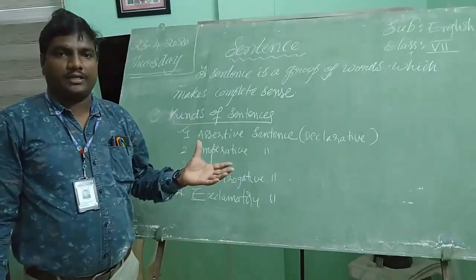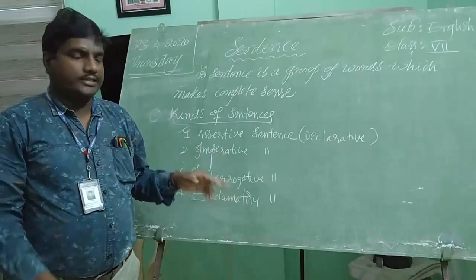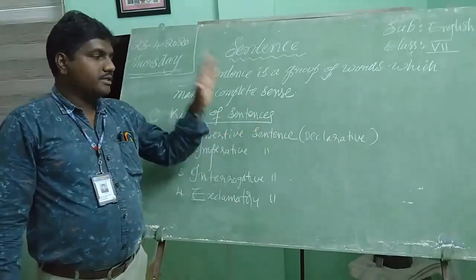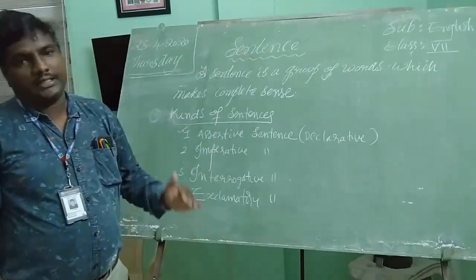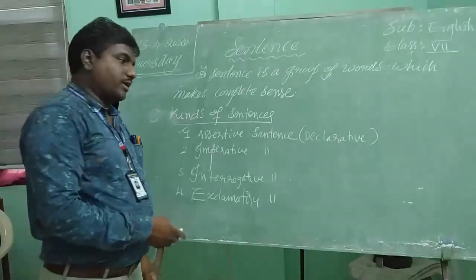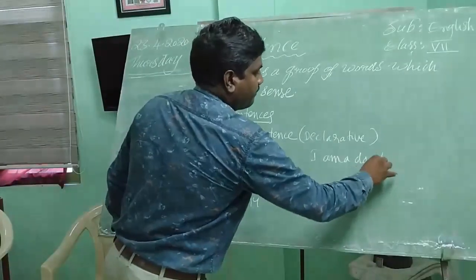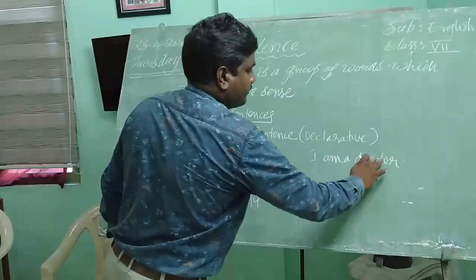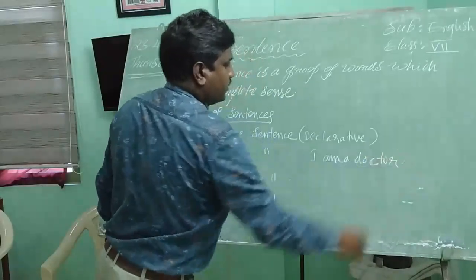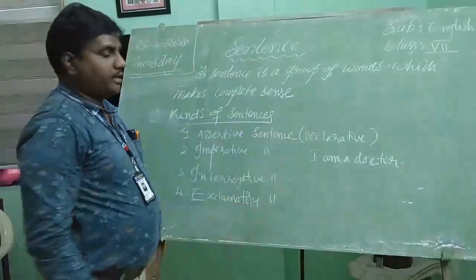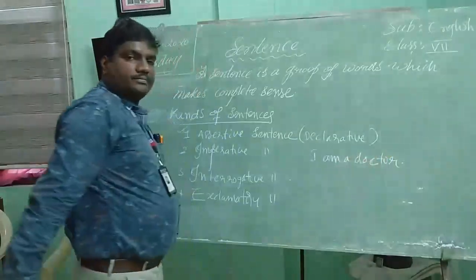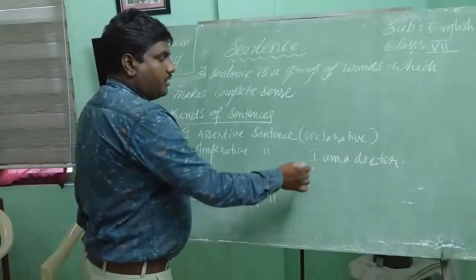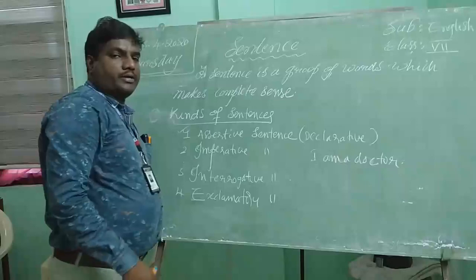Whatever the statements are, those statements are said to be in an assertive sentence or declarative sentence. Let us see one example. I am a doctor. Here, I am a doctor is a statement.